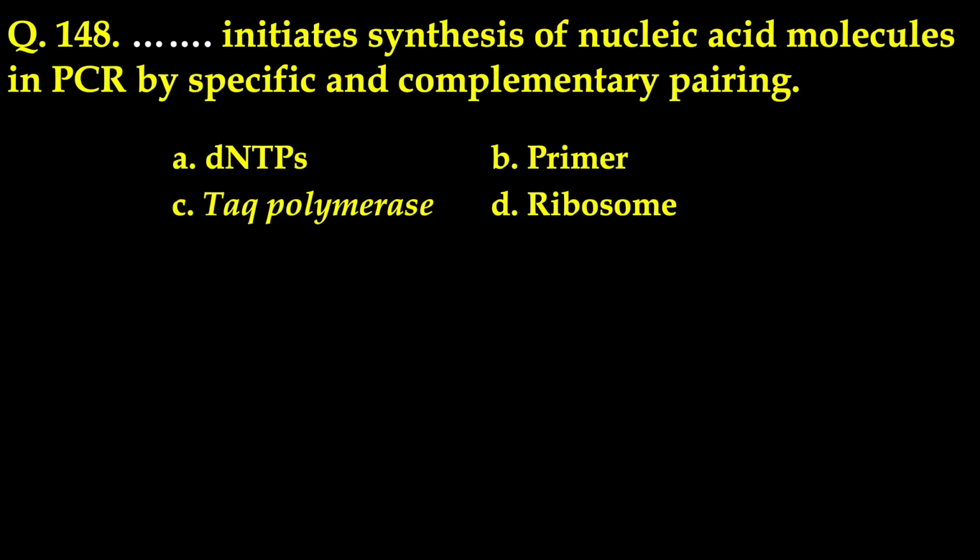These are the nucleotides used in the PCR to synthesize new DNA strand, much like DNA replication. dATP, dTTP, dGTP, dCTP are common nucleotides present in the PCR master mix.